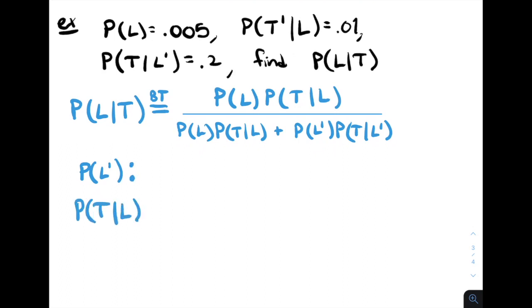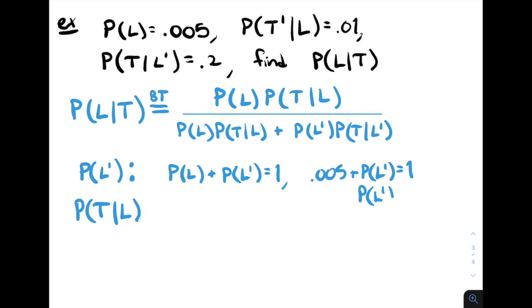To find the probability of L complement, we'll use the fact that the probability of L plus the probability of L complement is 1. So 0.005 plus L complement is equal to 1, meaning that the probability of L complement is 0.995.